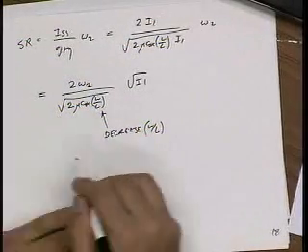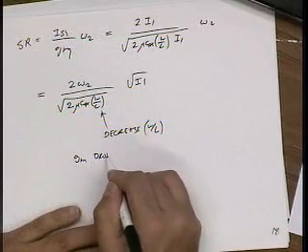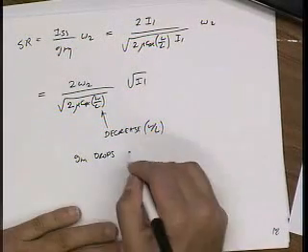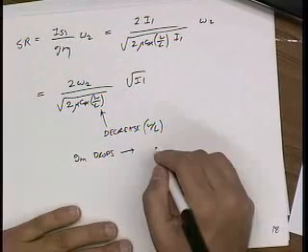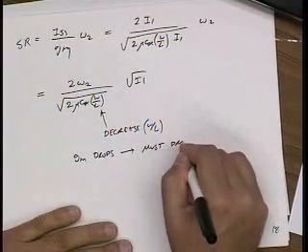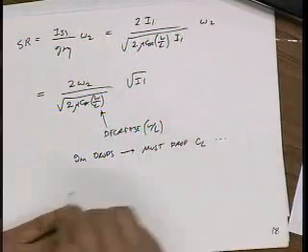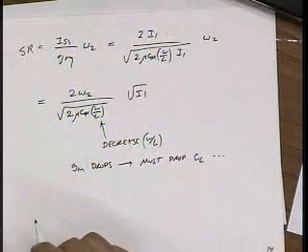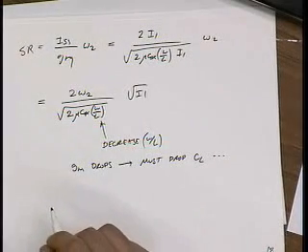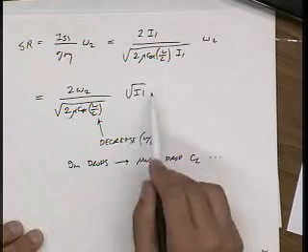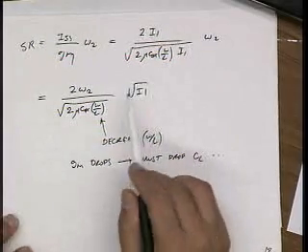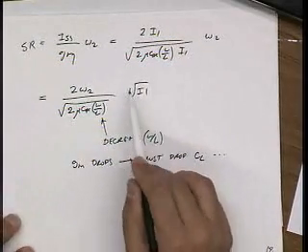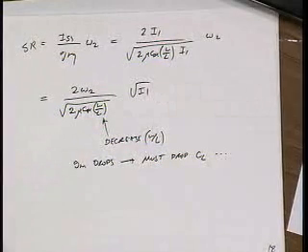But if you do that, then your gm will drop, right? And in order to have the same settling time, you also must drop CL. So really the only way to improve the slew rate is improving the current. And because it's a square root, you don't get quite the same improvement of slew rate that you would expect.